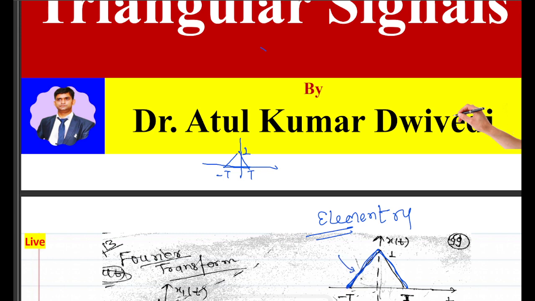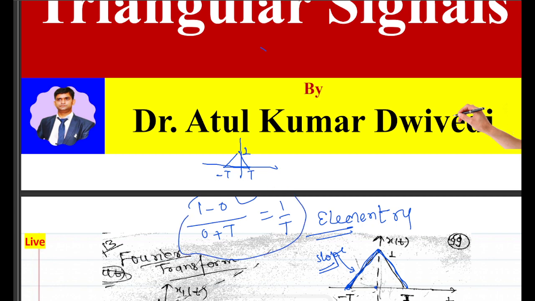Slope is calculated by y2 minus y1 upon x2 minus x1. So y2 is 1 minus 0 upon x2 is 0 minus minus T, so 0 plus T. The slope of this signal is 1 upon T.